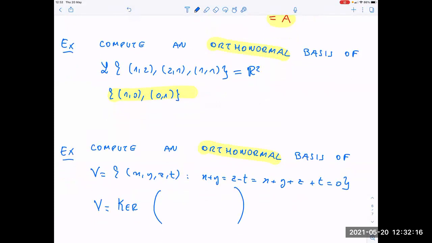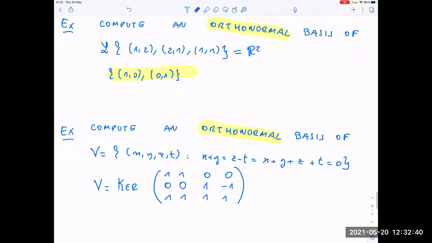Let's see if I can write this correctly. So it is 1, 1, 0, 0. Then it is 0, 0, 1, minus 1. And then it is 1, 1, 1, 1. Okay, because it is the solution set of a linear system of equations having three equations.